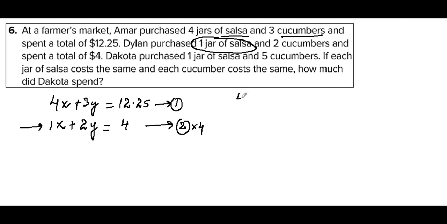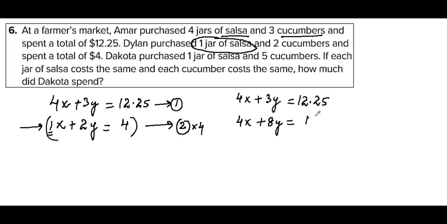First equation will remain the same: 4x plus 3y is equal to 12.25. I will multiply the whole second equation by 4, because I have to make the 4x and 4x the same, so 4x plus 2y becomes 4x plus 8y, and 4 times 4 is 16.